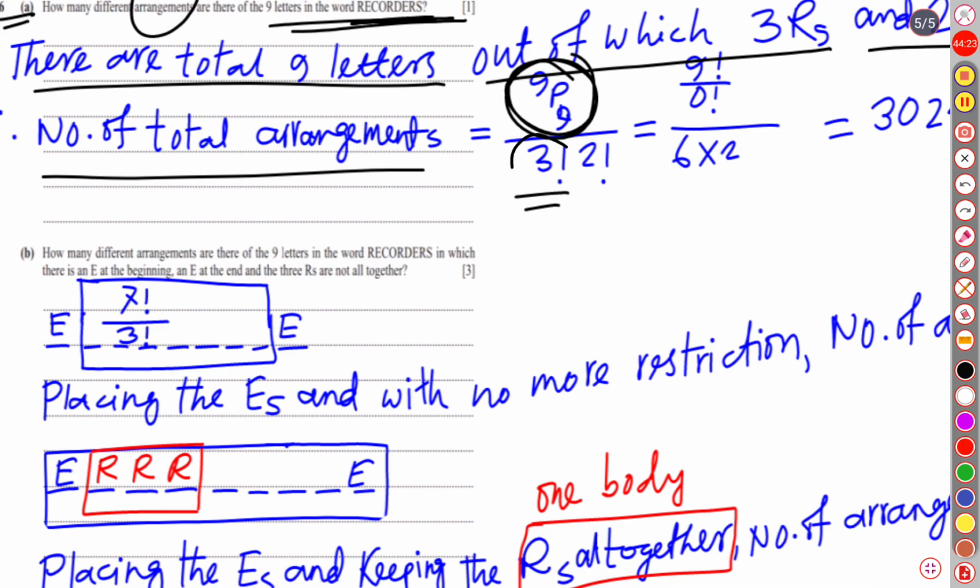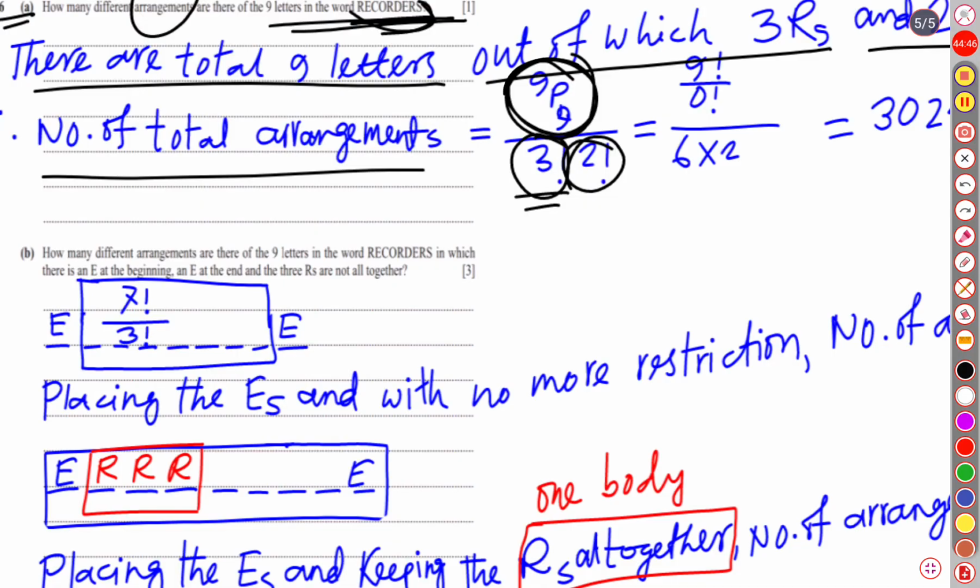So you will have to divide by 3 factorial. And there are 2 E's. Okay, so you will have to divide by 2 factorial. So what have we learned newly? Initially, we were unaware of this, but from now onwards, we will have to imbibe this concept in our mind, that whenever there is something identical or similar, then that will divide.